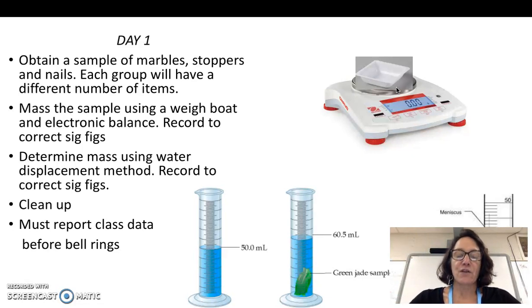For the volume of our samples, we're going to use the water displacement method, in which I'm going to add a volume to my graduated cylinder and record that initial volume. It doesn't have to be on an exact volume line. Simply half fill the graduate, record that initial volume, carefully add your sample to the water.